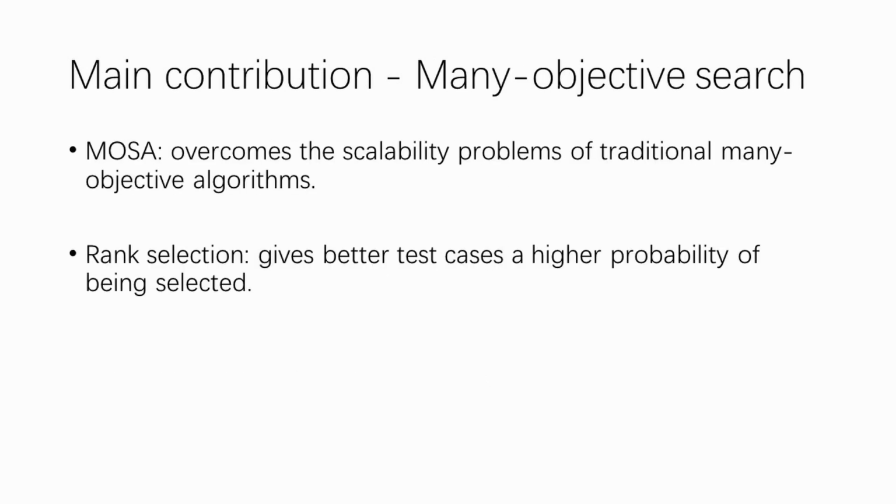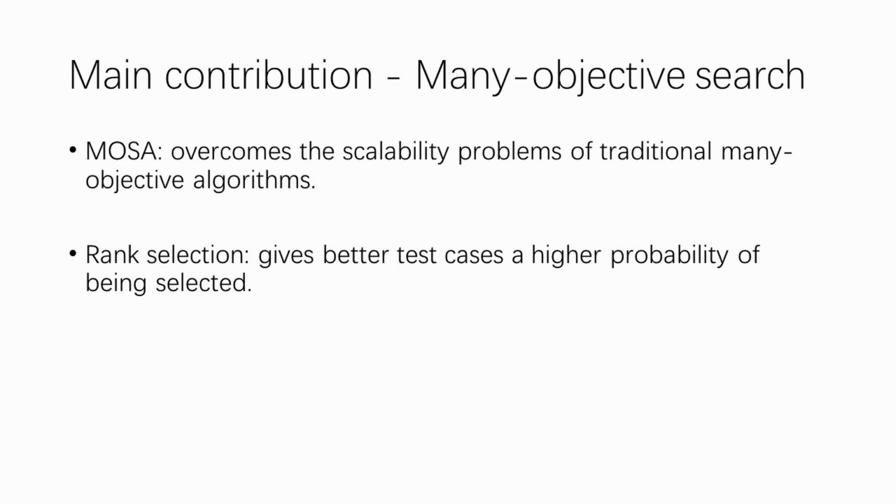The goal of the optimization is to produce a set of test cases such that each program statement is covered. Thus, there is one objective function for each program statement. Therefore, the paper used the many-objective sorting algorithm, MOSA, which overcomes the scalability problems of traditional many-objective algorithms.